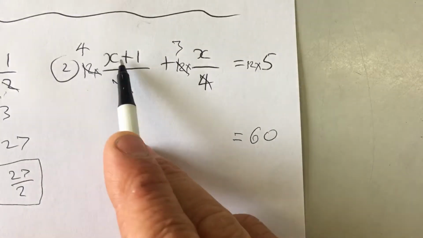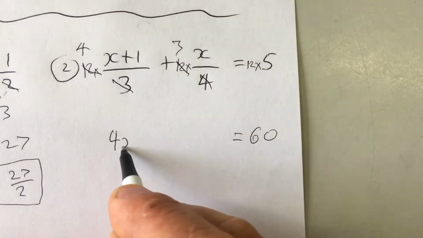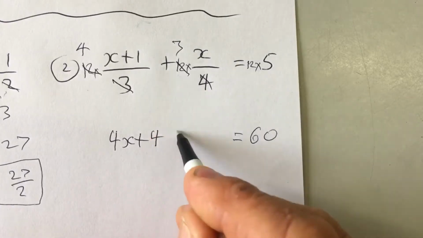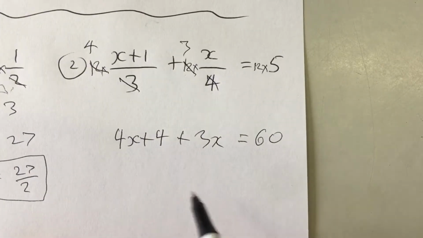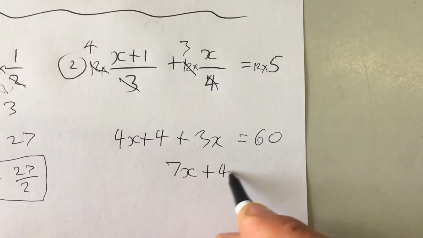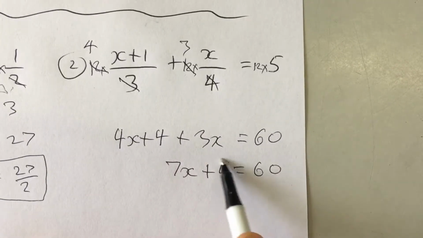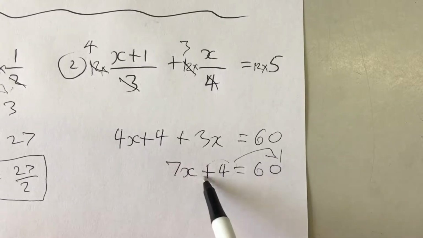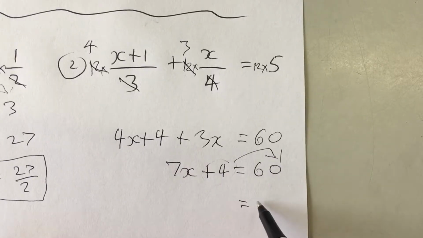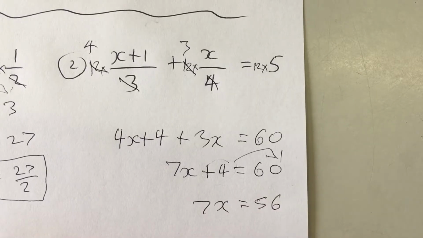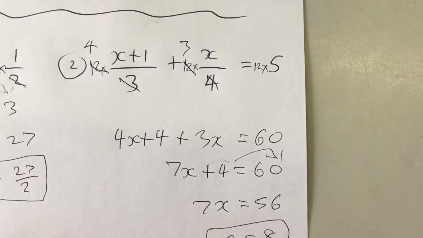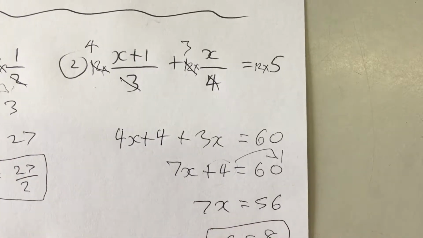Okay, so here, expand it, 4x plus 4, and here it's going to be 3x. Now, add the like terms together, 7x. Now move that over there, so plus 4 on this side will be minus 4 on that side. And then divide by 7. 7 8's 56.